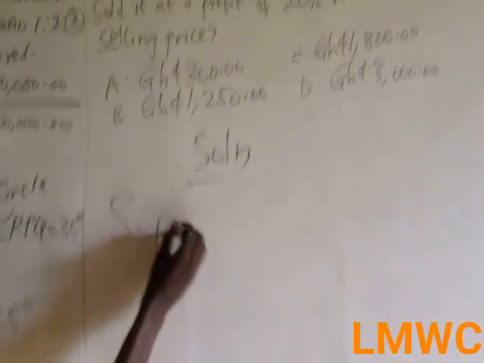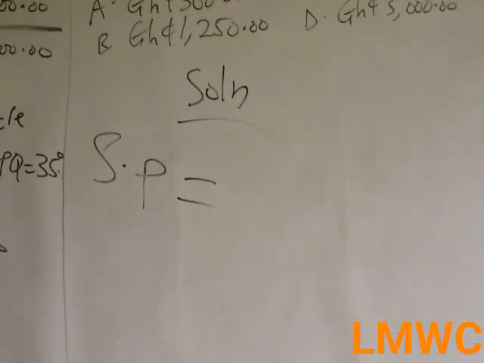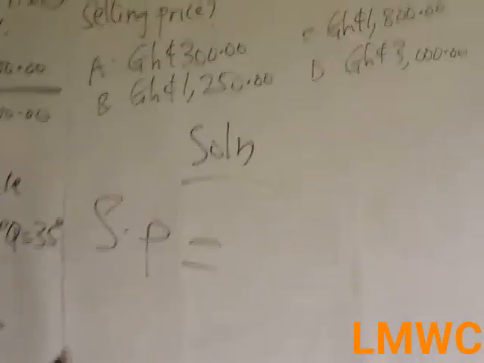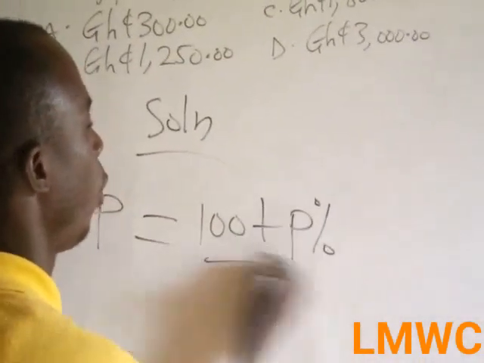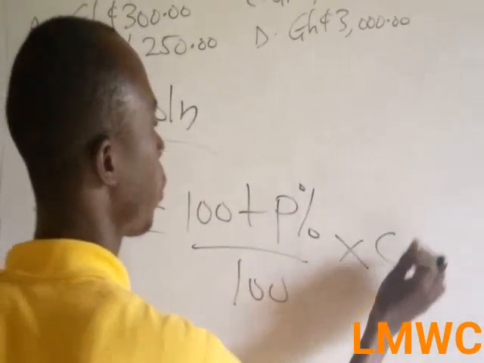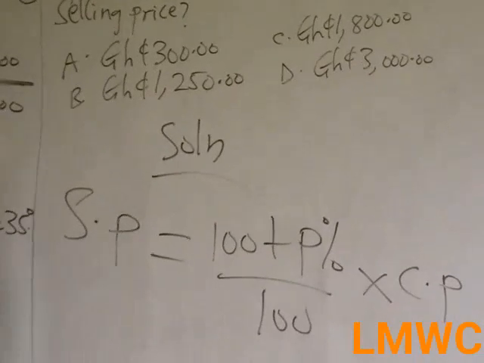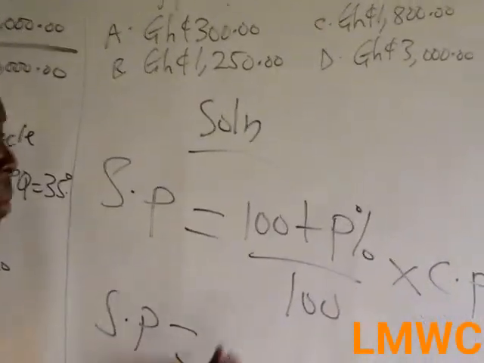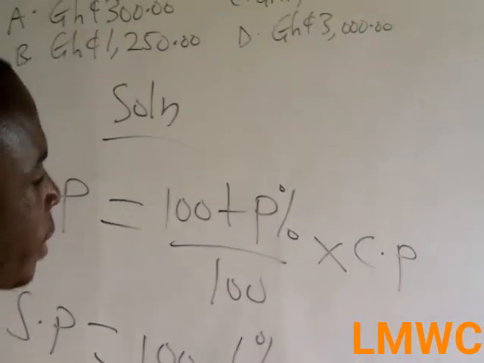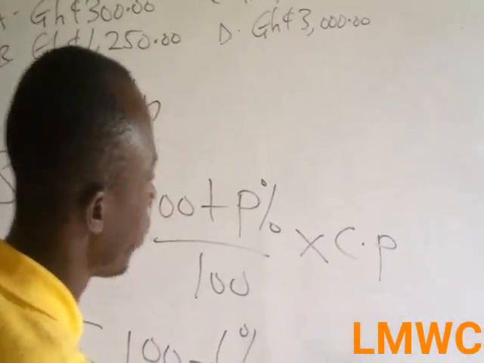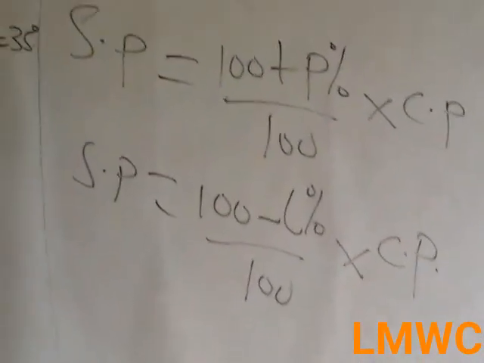To find the selling price when given the profit percent, it becomes 100 plus P percent over 100 times the cost price. If they gave you loss, and you are asked to find the selling price, it becomes 100 minus L percent over 100 times CP. Let's take note, that's the formula for the selling price.